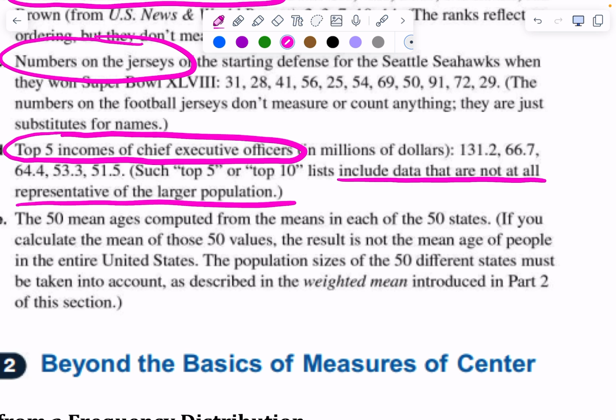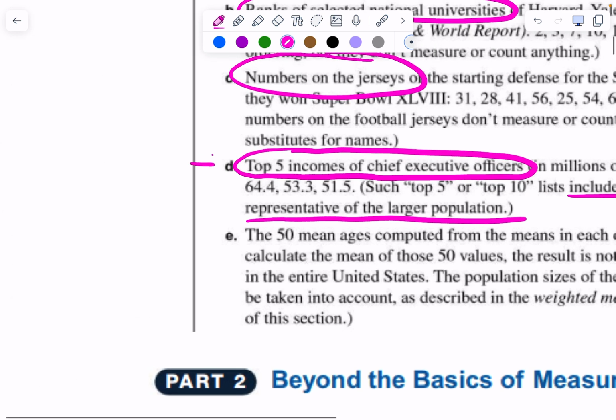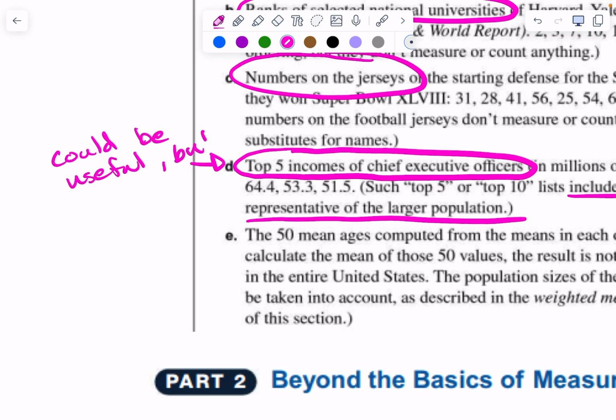I can't say that represents the whole population because those are just the top 5 and the top 10. Unless I say the top 5 CEOs have an average of this. But I wouldn't use that to say the average income of all United States people is this. So that's why they say use caution. Could be useful, but use caution.